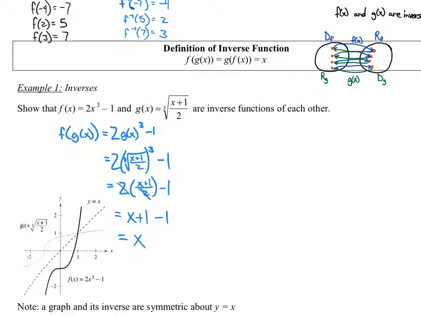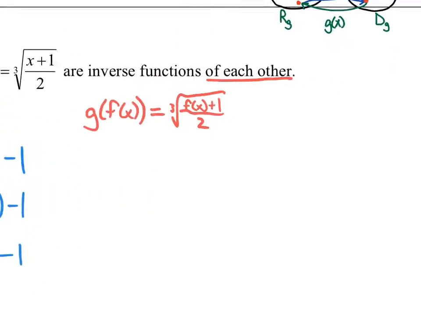Okay? But that's not good enough to prove that they are inverses of each other. You also have to prove that g of f of x will equal x. So we're not doing the cube root of x plus 1 anymore. We're doing the cube root of f of x plus 1 over 2. So let's plug in what we've got.